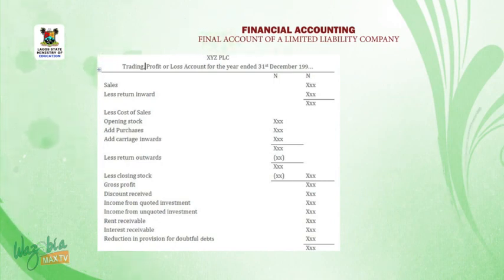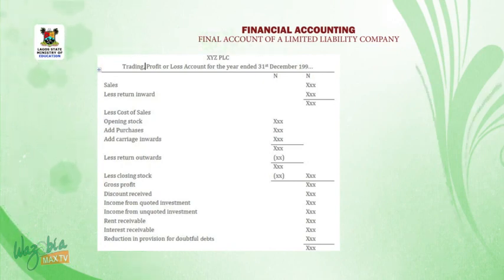The following items are also added to gross profit, and this is on the side of profit or loss account. We are going to add discount received, rent receivable, interest receivable, income from quoted and unquoted investment, reduction in provision for doubtful debt. All these are added to our gross profit to get a subtotal.